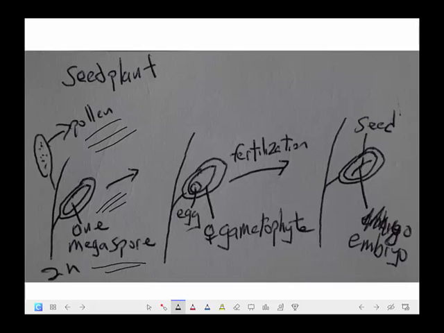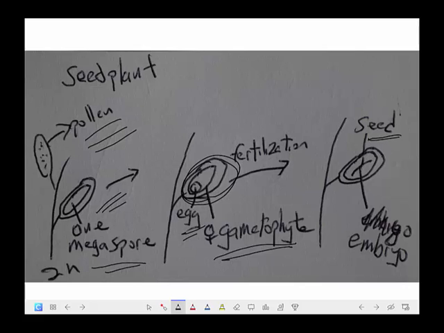So within the sporangium, the megaspore develops into a female gametophyte. So still contained within the sporangium is a female gametophyte, which contains an egg, or more, actually. And when fertilization takes place, the new embryo develops still within that sporangium.